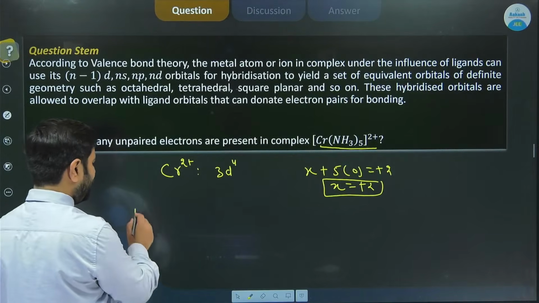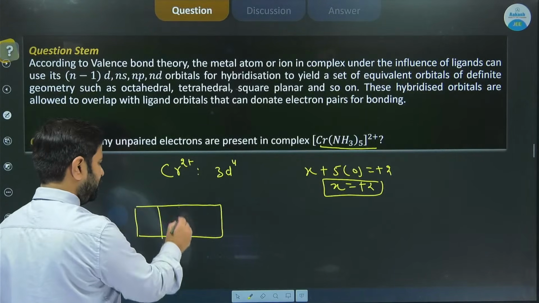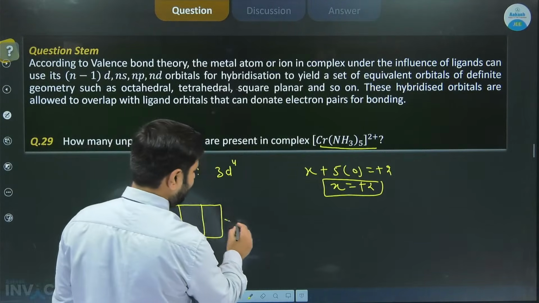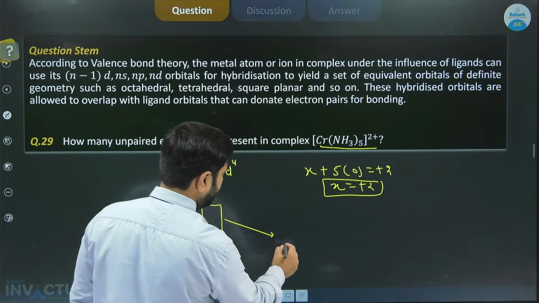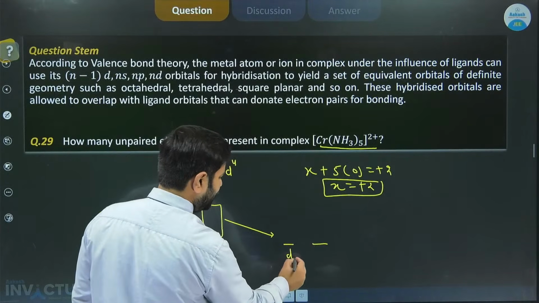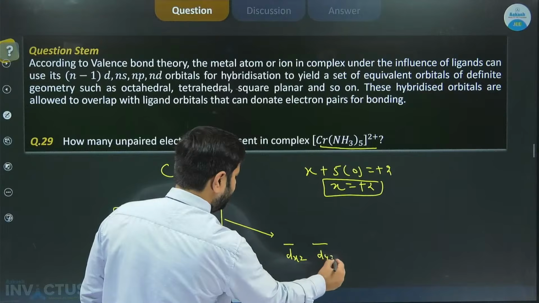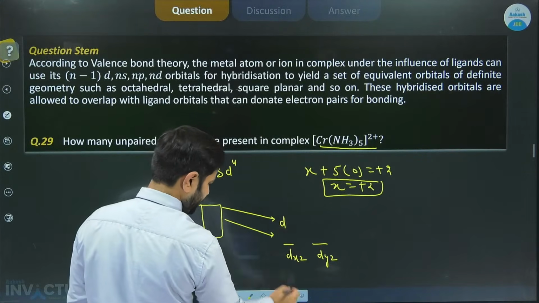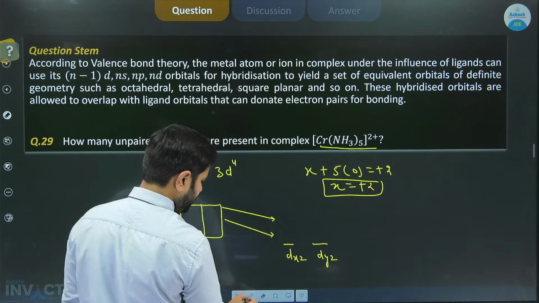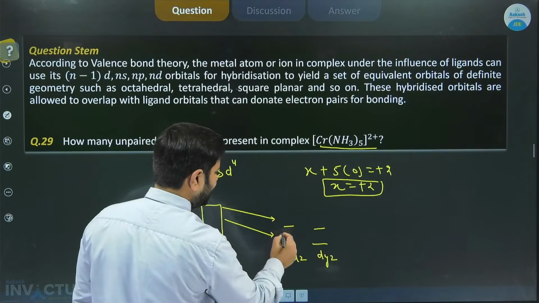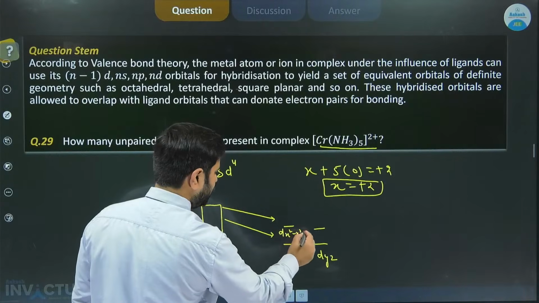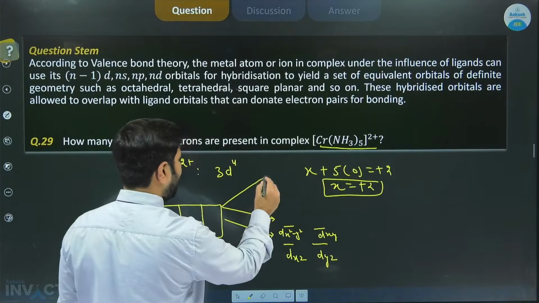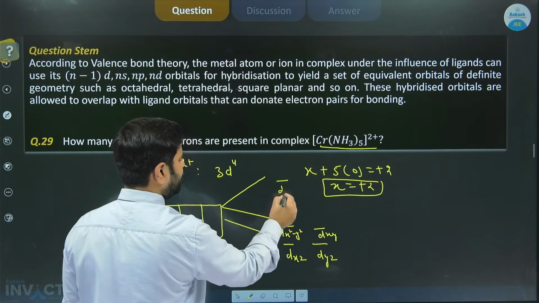And in trigonal bipyramidal geometry, how is the splitting done? Let me tell you. These are the dxz, dyz, dx square minus y square, and dxy, and higher energy is dz square.